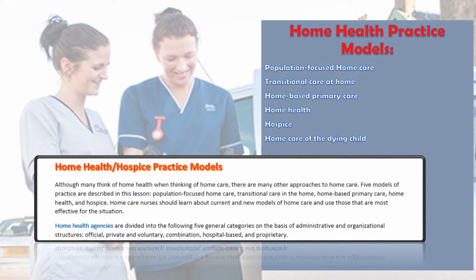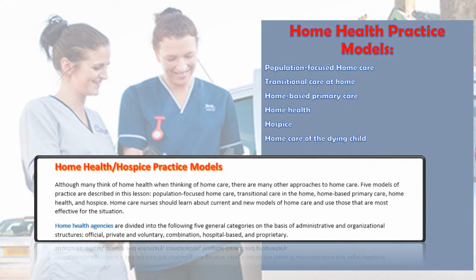Although many people think that home care is all people do as far as home health nurses or hospice nurses, there are many other approaches to home care. There are actually 5 models of practice that are described in this lesson that I want you to understand. The first one is population-focused home care. This is where you go into the home care setting, intervening for a population problem.